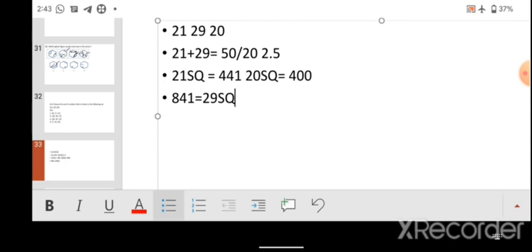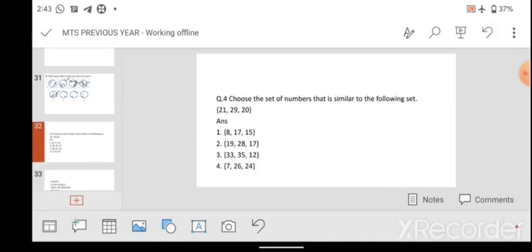Let's see if this logic works out in any option. So if you take the first option, 8 squared is 64 and 15 squared is 225. 225 plus 64 gives us 289, which is 17 squared.